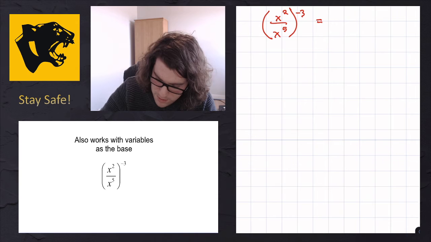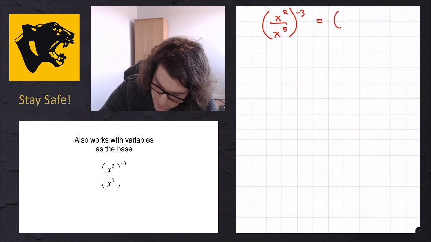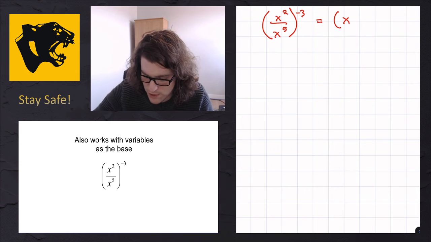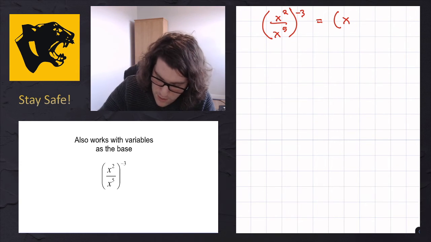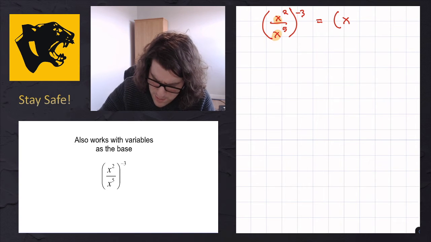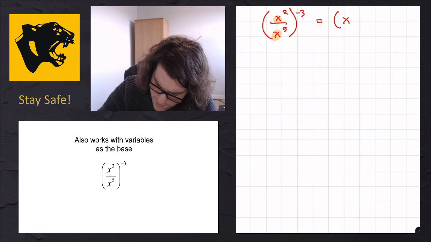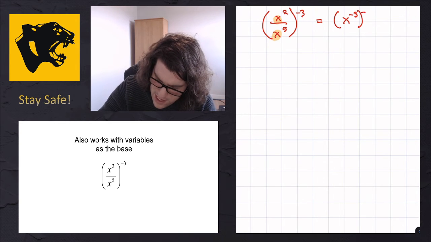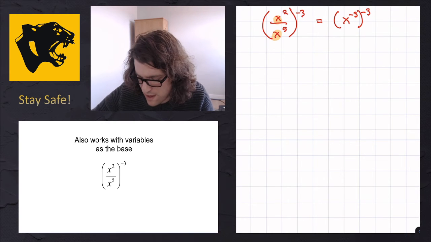So I'm going to do x to the power 2 divided by x to the power 5. That is a subtraction of the exponents because it's a division of the things that have the same base. So x is your base, it's in a division, subtract the exponents, 2 minus 5 gives us negative 3. Still have a negative 3 kicking around on the outside of that expression.